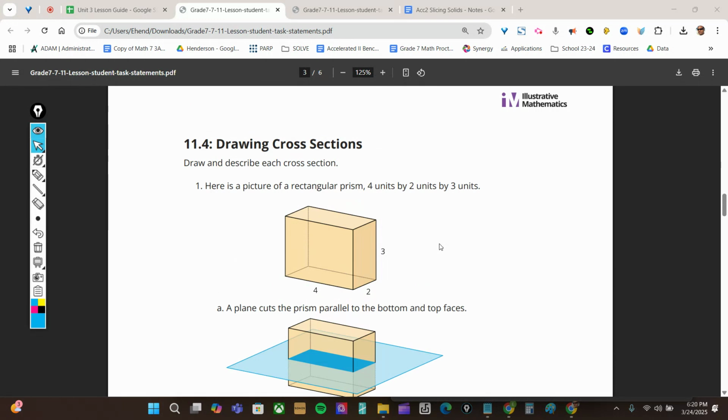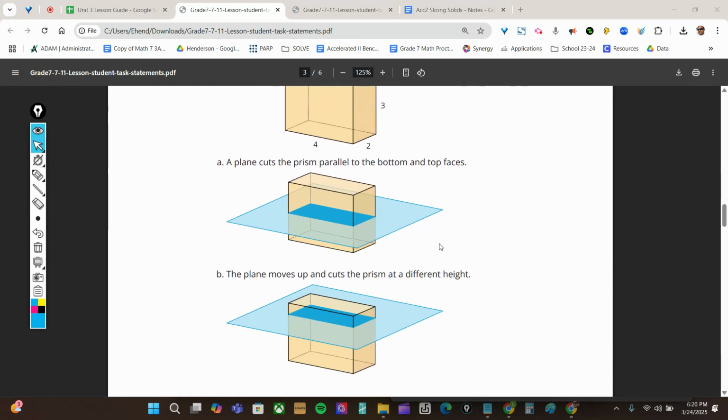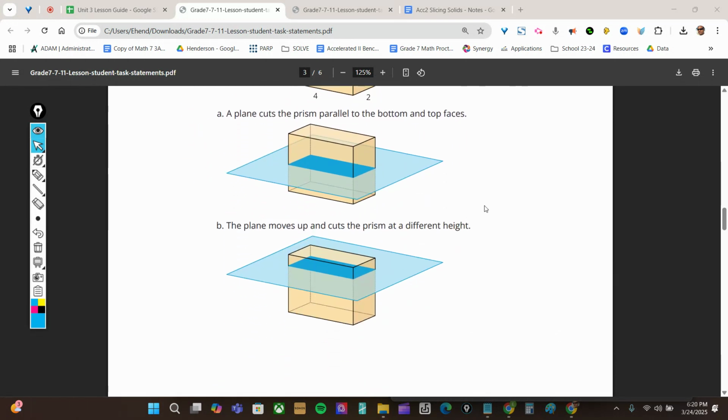Well, they already drew it, so they must want you to describe it. So go ahead and put a description there of what happens when you make the different types of cuts, the cross sections. It's the same as the top part. I'll pause it while you do that.